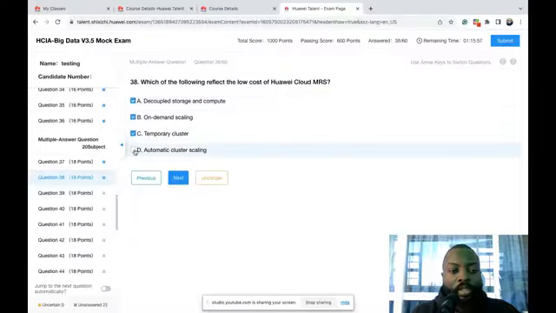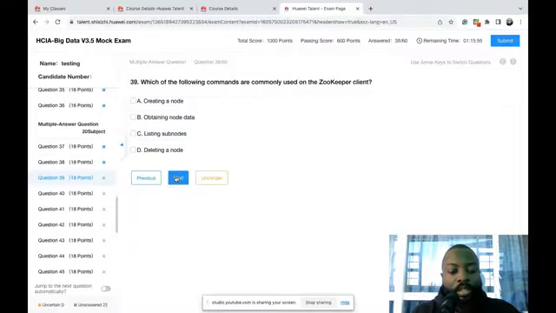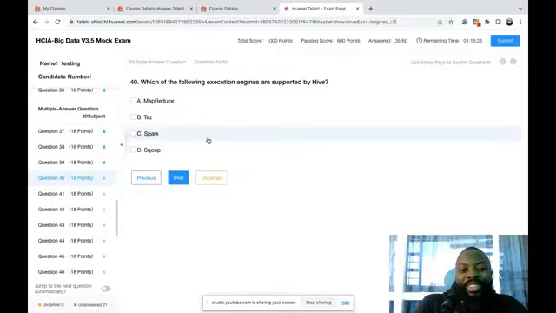A, B, C, D. Let's see. 39. Which of the following commands are commonly used on the ZooKeeper client? Okay, I see A, B, C. Yeah, I think in this case as well, we have all the options.